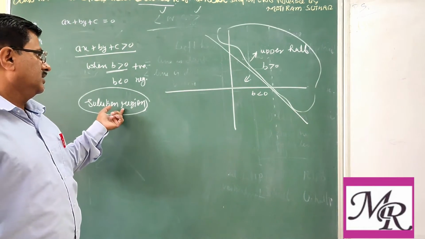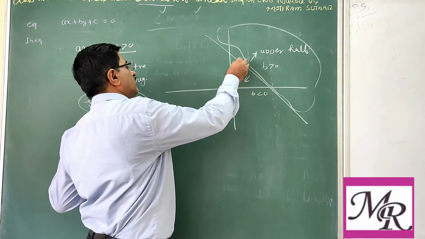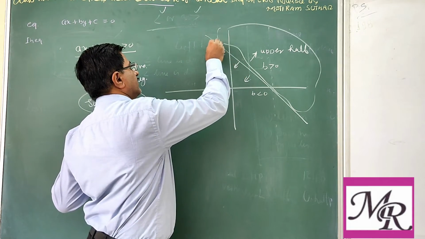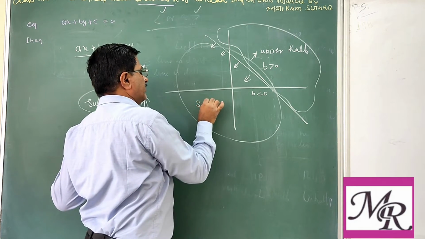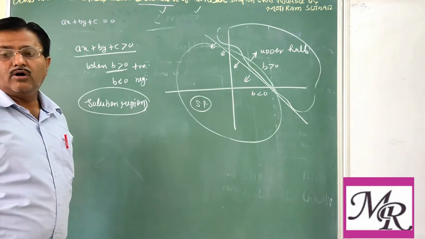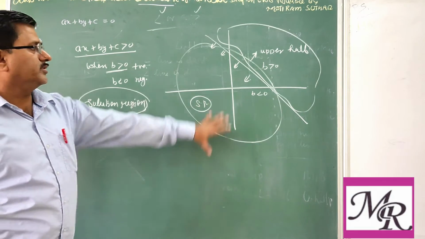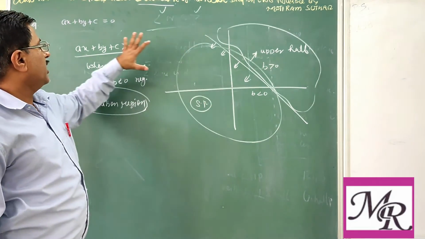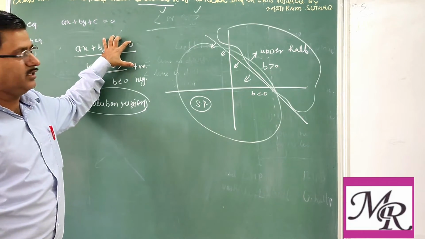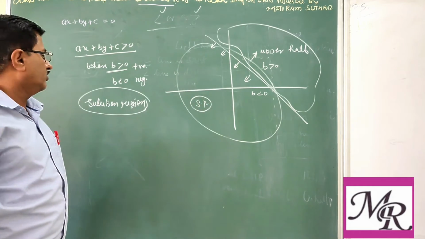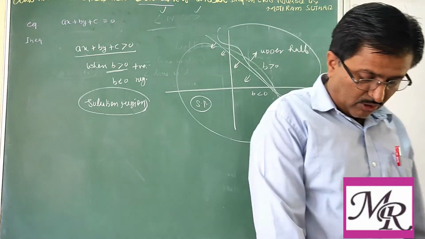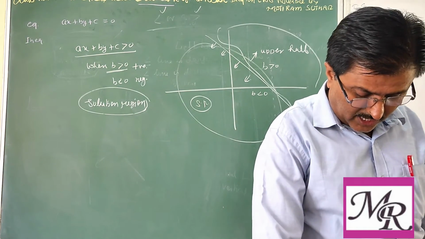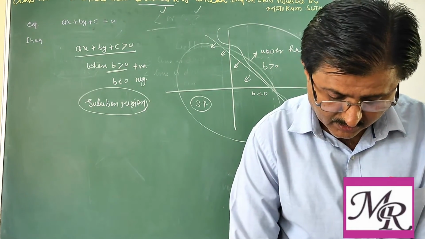Suppose the solution lies toward this side of the line, then this whole region is known as a solution region. If any point of this region satisfies the condition or inequality, the whole region is known as a solution region. So we also have to identify the solution region.